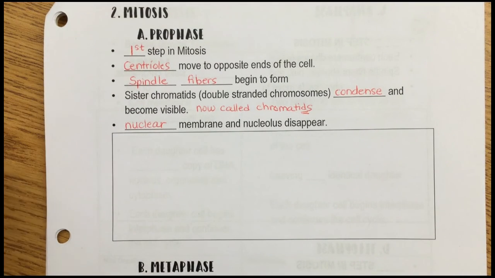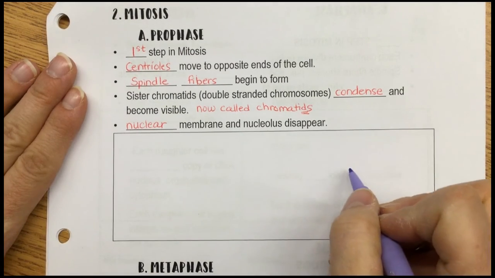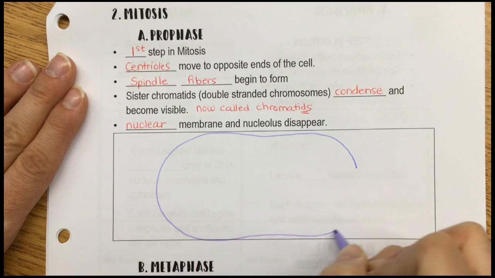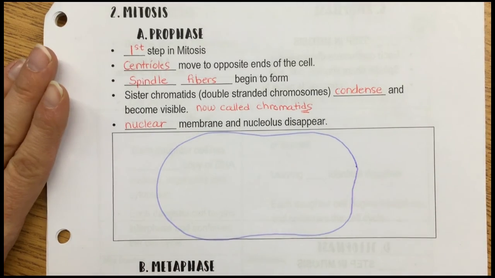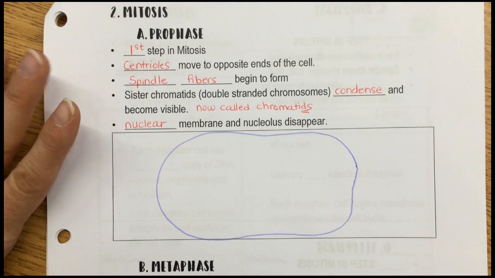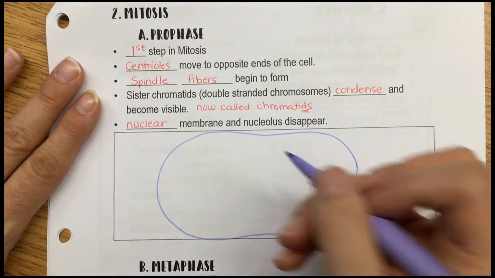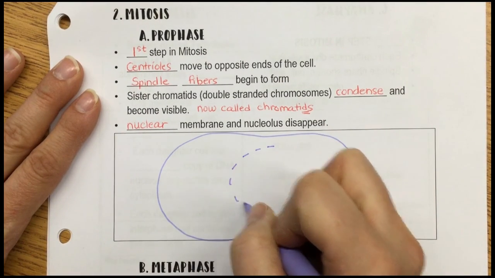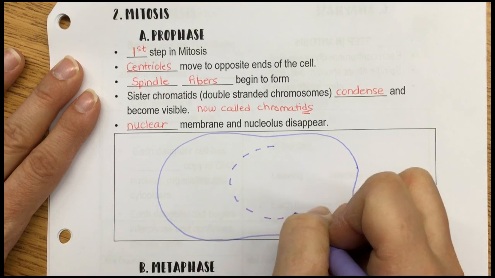Again we have our rectangle, and we're going to draw our cell membrane. Cells are not perfectly circular anyways, so it's really okay. Don't stress that you're not drawing a circle. Then I'm going to show my nuclear membrane disappearing, so I'm just going to do a dashed line.